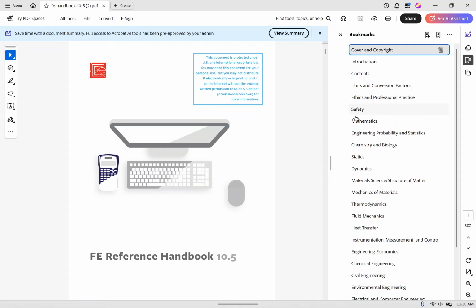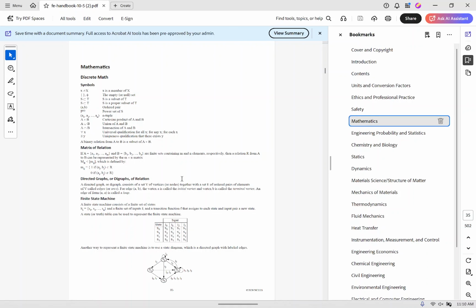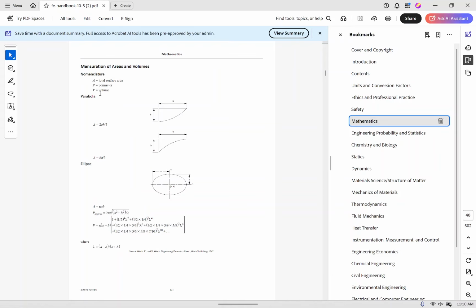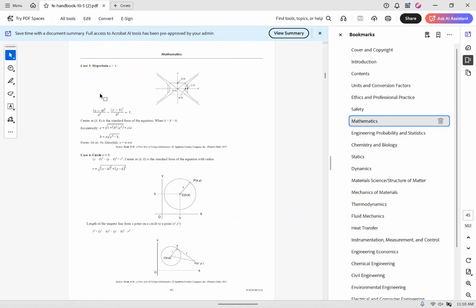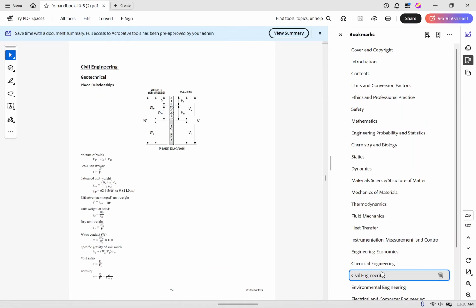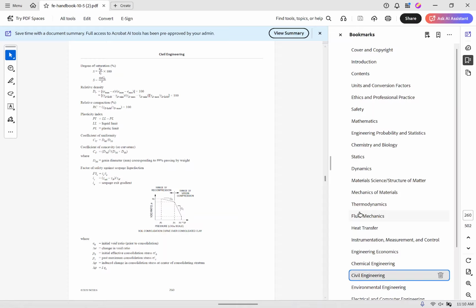And it's bookmarked, so you have all of your math formulas, so you can see all of your lovely trig identities and areas and volumes and derivatives and integrals and all that hullabaloo. And if you get to the civil engineering section, there's some stuff here that you probably haven't seen yet. For example, if you've never had geotech, then you haven't seen air, water, and solid phase diagrams for soils. Don't worry, you will. I can bring up the fluid section if you would like and show you all of the, here we go.